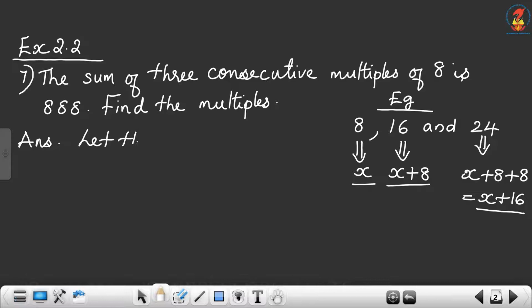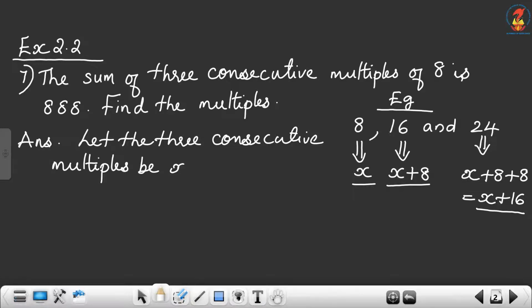Let the three consecutive multiples be x, x plus 8 and x plus 16 respectively. The order is very important.